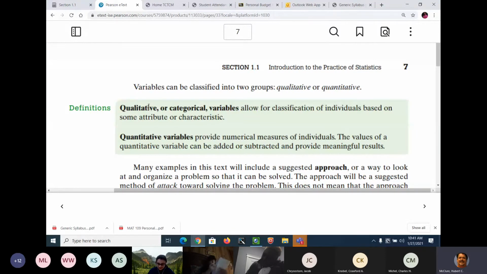What is that called? Starts with a C. A category. It is a characteristic or a category. Write that down. Qualitative: category or characteristic.